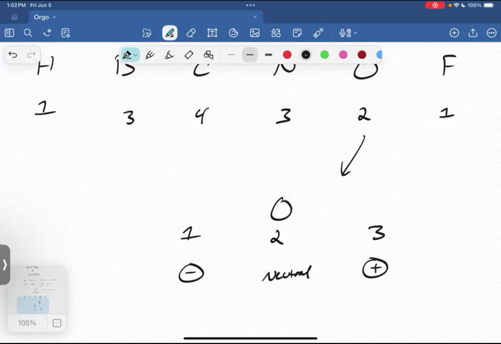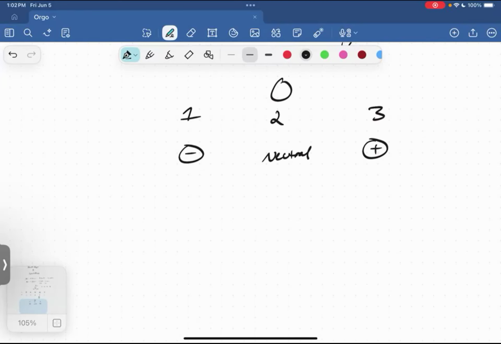It would be negative. Let's show this. Let's say we have what we would call a carboxylic acid. And remember, in order for oxygen to satisfy a Lewis structure, it has to have a full octet. So if it's making one bond, you draw out the three lone pairs.